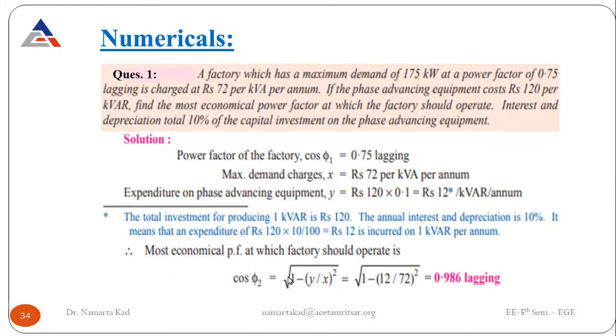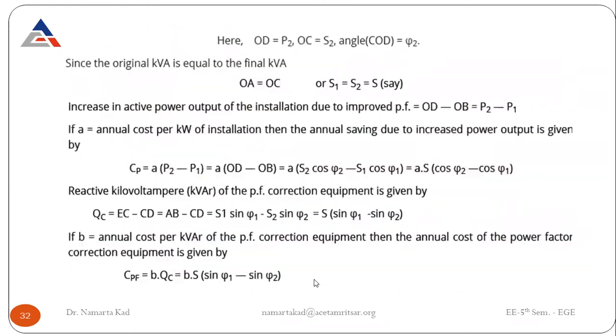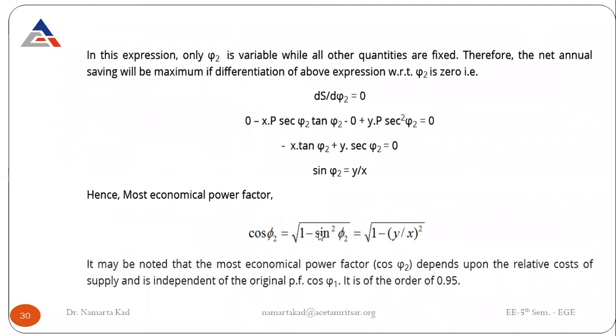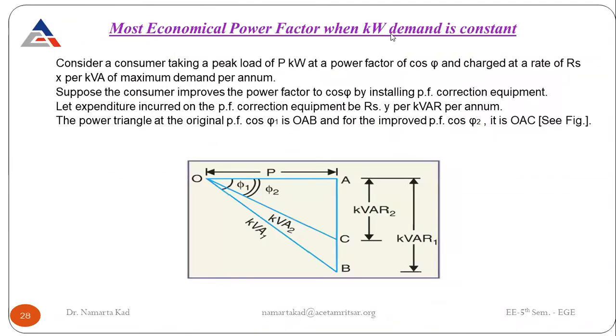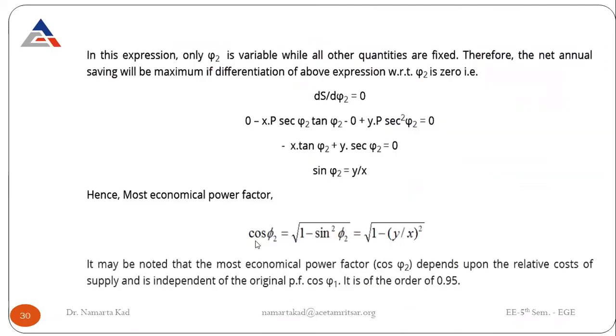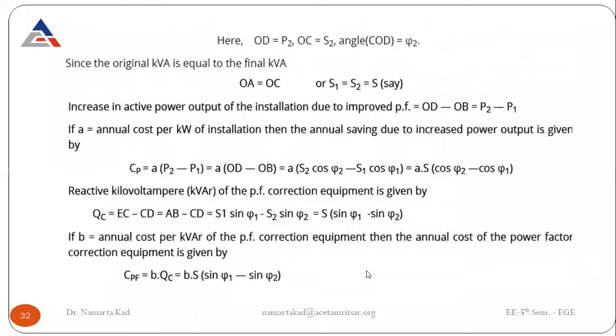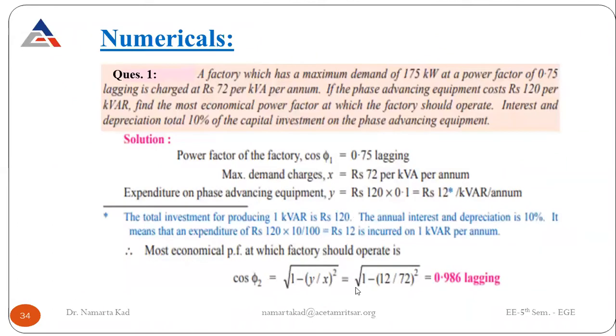And this formula we have already derived in our previous derivation. See here, this one in the first derivation, where we kept our kilowatt demand constant. In that derivation, we got this final result as cos phi 2 is equal to square root of 1 minus (y by x) square, and this formula is applied in this numerical and we got this as the improved power factor.